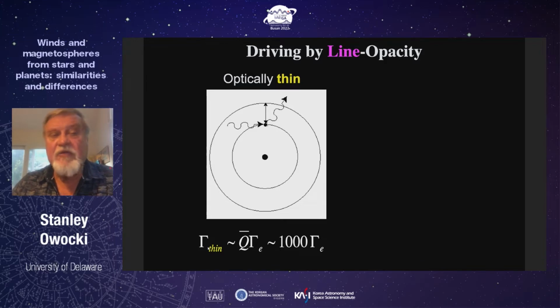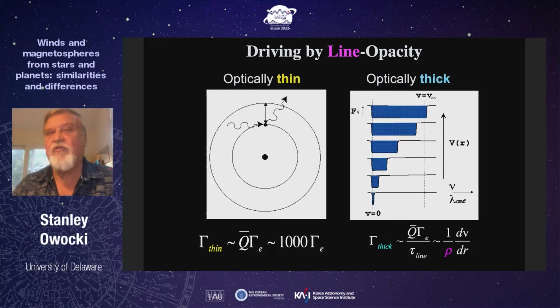But the key here is that this assumes you can illuminate this line with all of the flux from the star. Now, in reality, as soon as you have any number of atoms in a very large cross-section, the line will saturate. And so you would think that would use up all the photons and you're done. But no, if you can just get a flow going, then the Doppler effect desaturates the line.